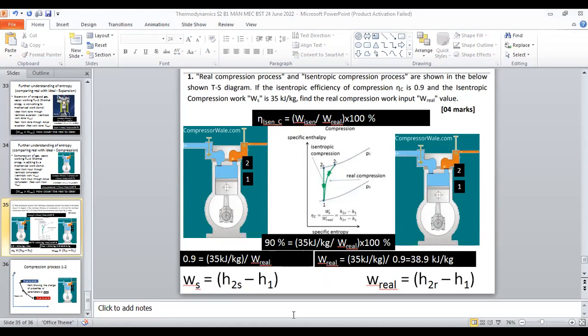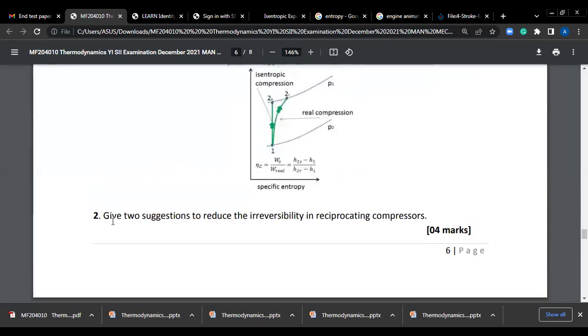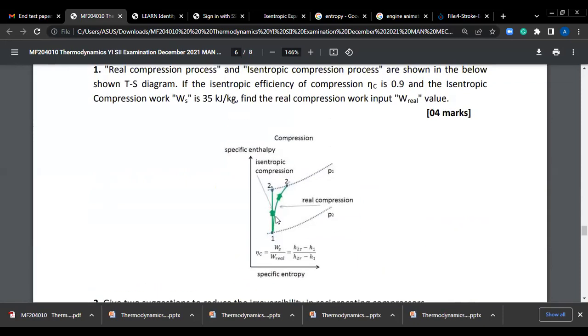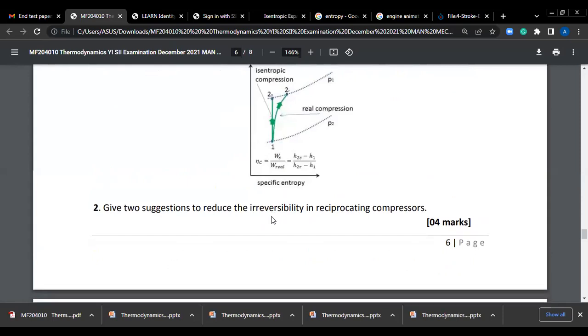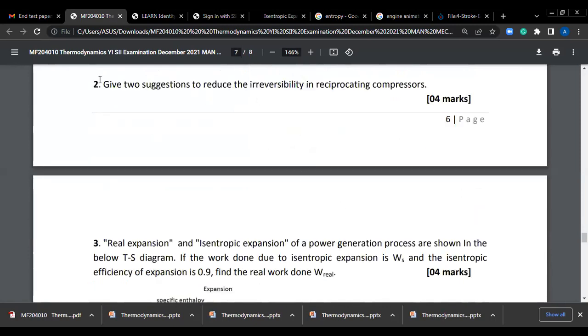And if you look into the other example, the question is: give two suggestions to reduce the irreversibility in compressors, reciprocating compressors. I'm sharing this. So give two suggestions.